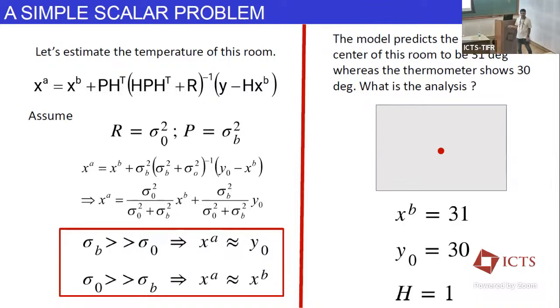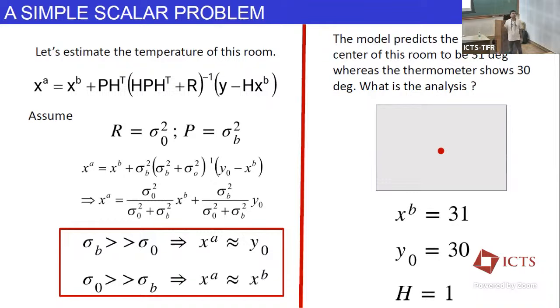What does this mean? This means, so this sigma b and sigma o, the two error variances, this tells us how much trust we are to put in the model background state or in the observation. So what this is saying is that when the model error variance sigma b is much, much larger than the observation error variance, this means that there is a lot of uncertainty in the model.